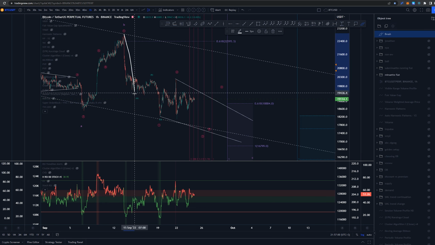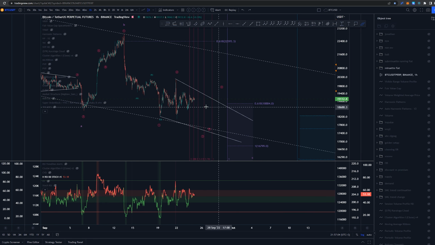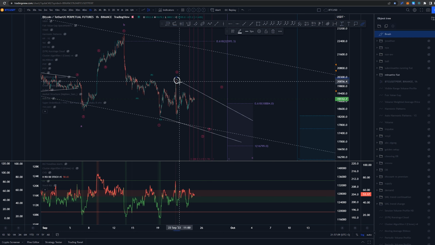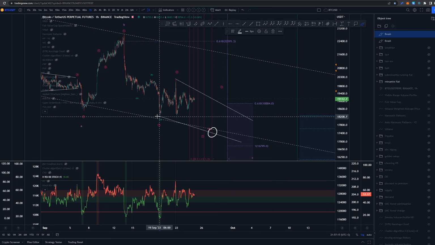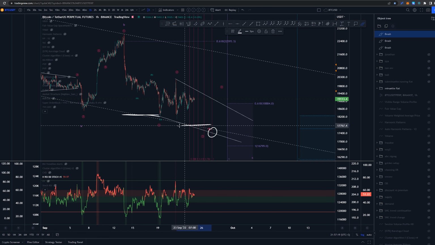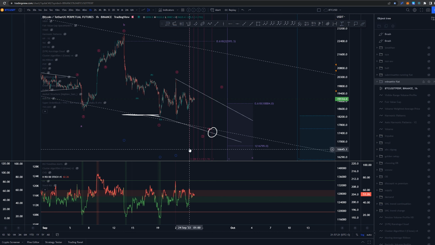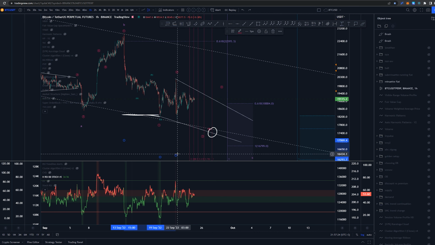Just because, if we're looking at the time scenario here, comparing this wave 1 to the next ones, after pivoting again from here, we don't want to see it going past the 1-to-1 extension in time, comparing this length of time here to the length of time from here, again pivoted that way too. So you can see the circles in here, how I've pulled it.